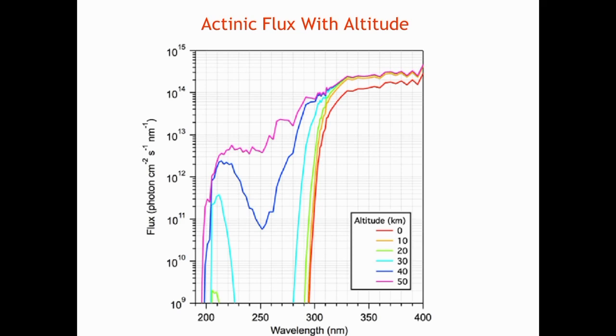And here you can see a big window. So what do I mean by a window? Here you can see at 30 kilometres you have an amount of radiation between 200 nanometres and 220 nanometres, and then you've got radiation from about 280 nanometres upwards.